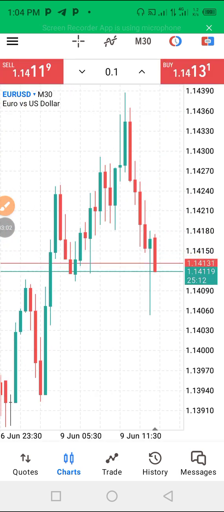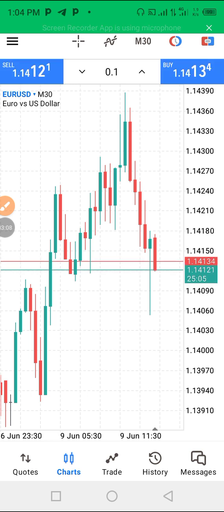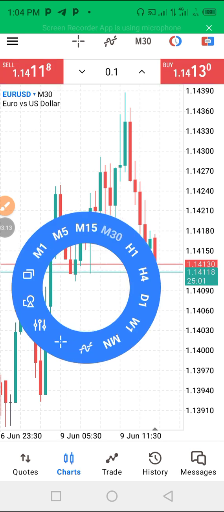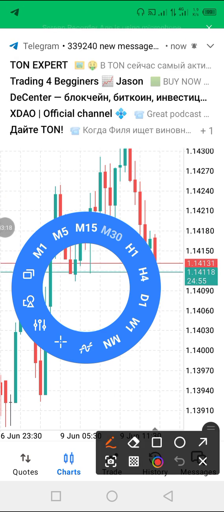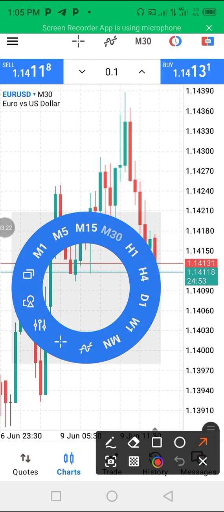Now, some of the things we'll be talking about today is explaining some other parts of the blue icon I didn't talk about in the first class. In the first class, I talked about all the time frames, but I didn't talk about some things like this sign.